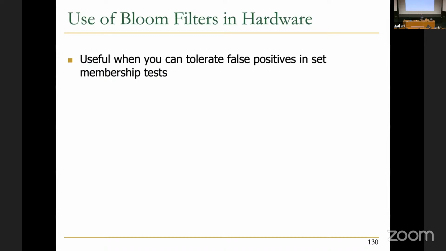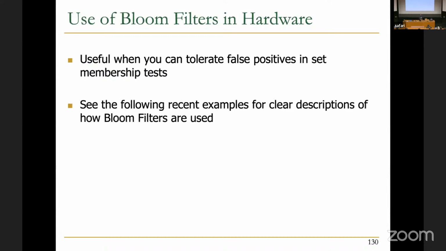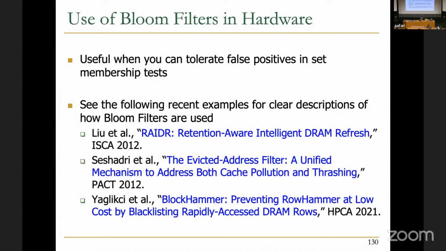It's useful when you can tolerate false positives in set membership tests, and it's used in all these 3 papers so far from our group. There are many uses of these Bloom filters as well. We are in love with this data structure.